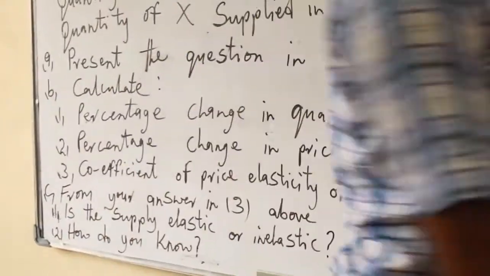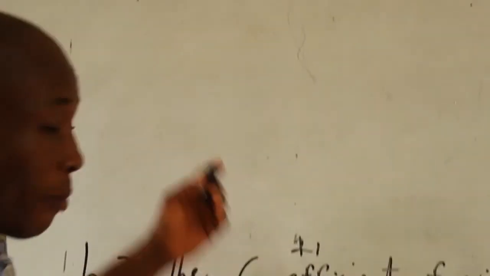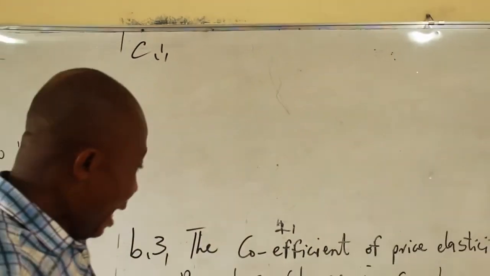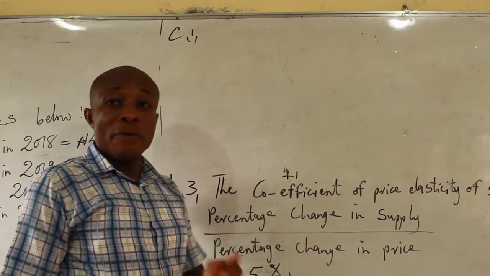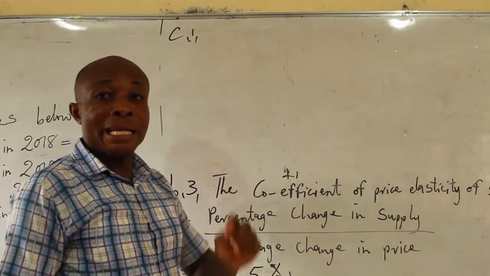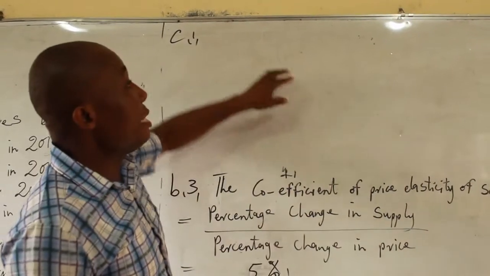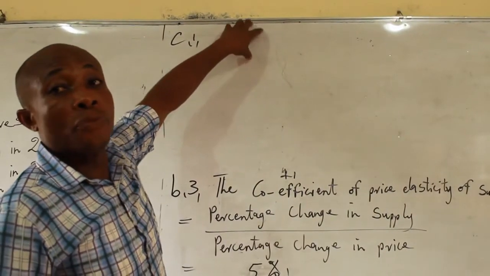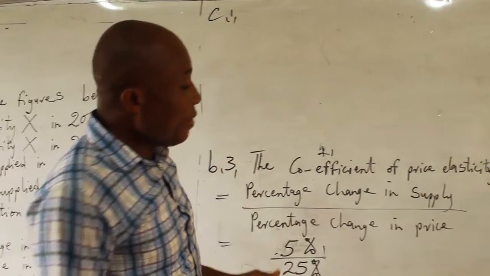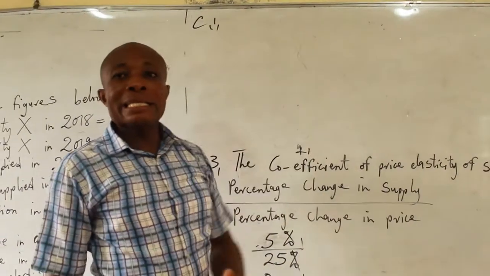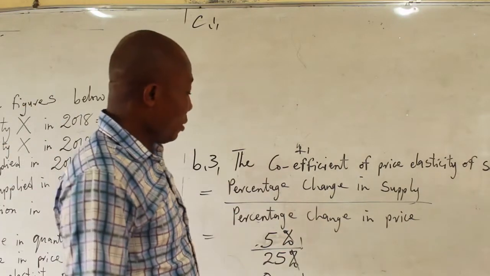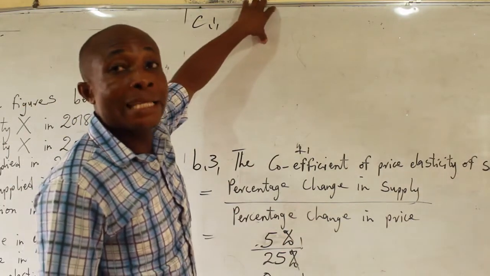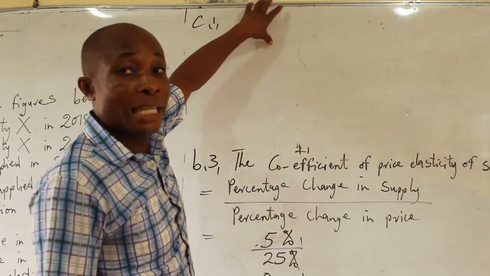And from our answer, C1, in price elasticity of supply, if your answer is 1, that means the supply is unitary. If the answer is above 1, that means from 1.1 and above, the supply is elastic whenever it's greater than 1.